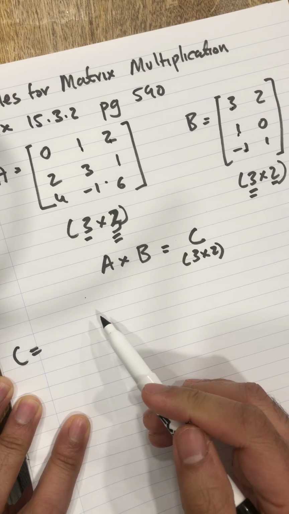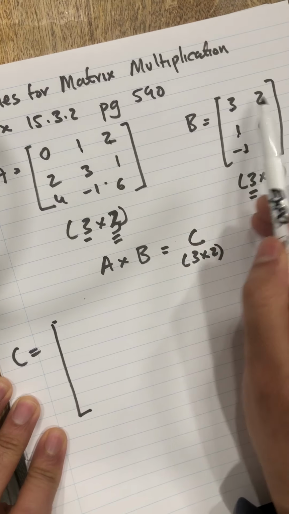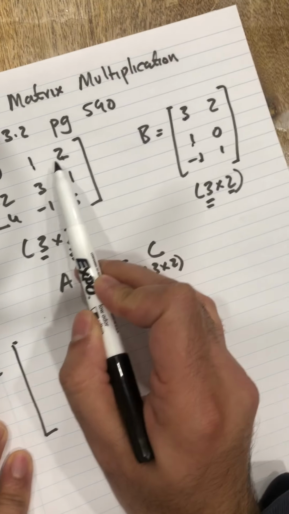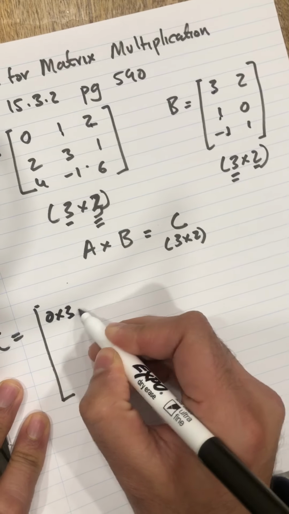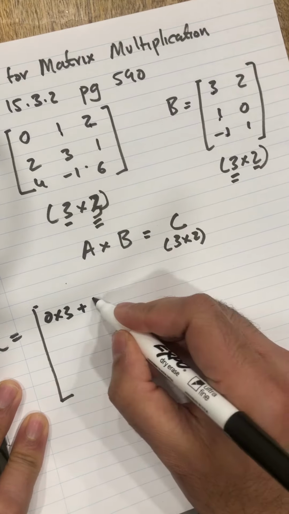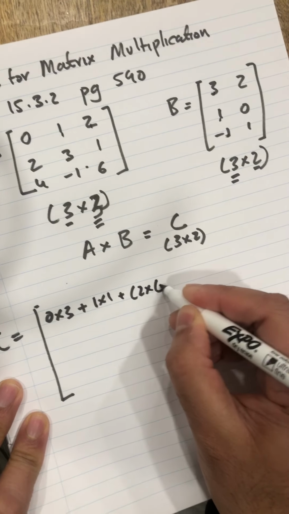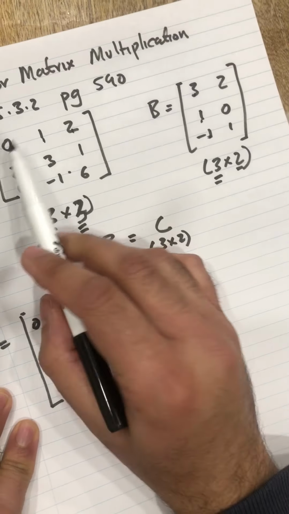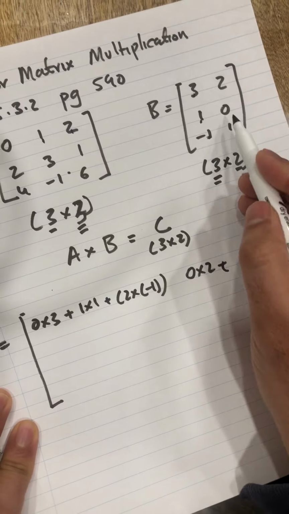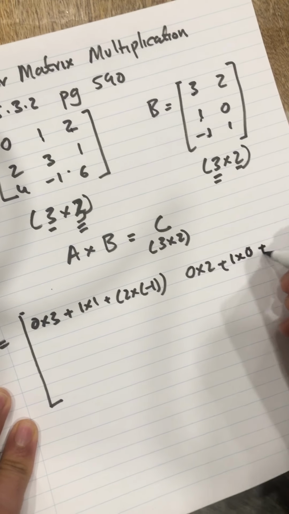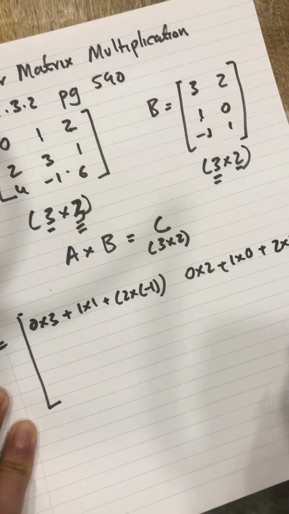The second entry will be 0 into 2 plus 1 into 0 plus 2 into 1.